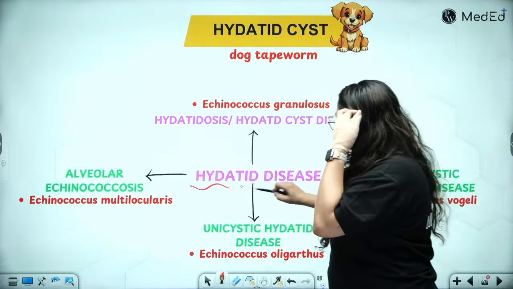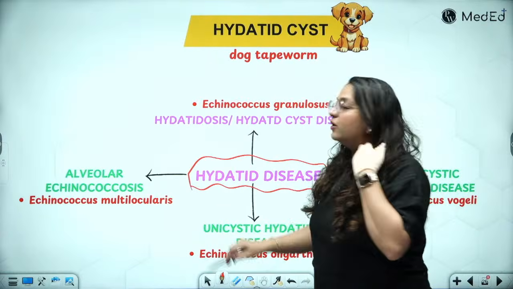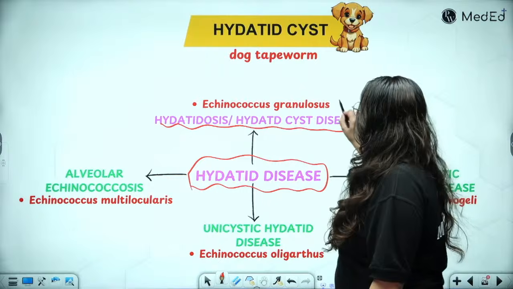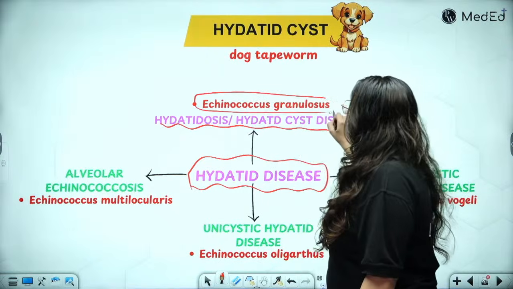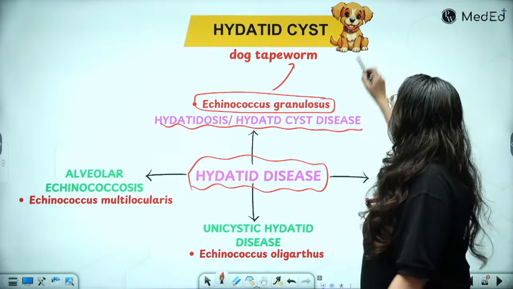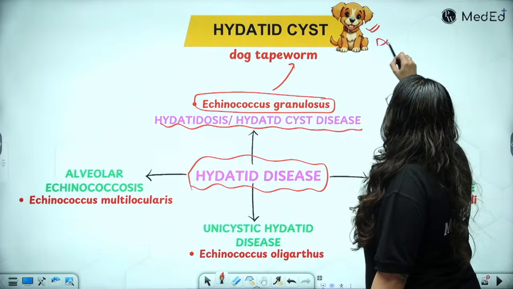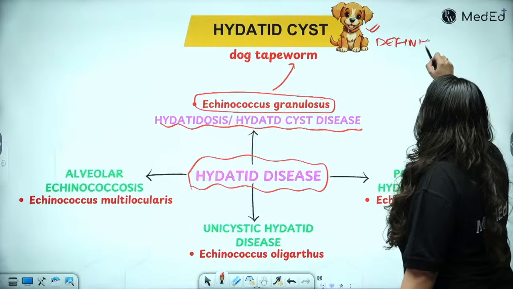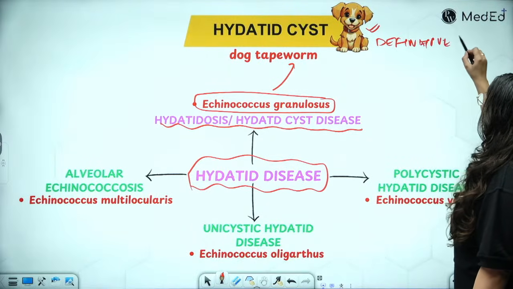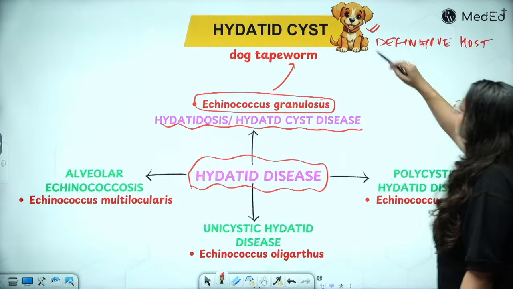So hydatid cyst disease can be of 4 types. One is hydatidosis or hydatid cyst disease, which we are going to read today, caused by Echinococcus granulosus, which is called the dog tapeworm because the dog is the definitive host. Actually, this disease is caused in dogs.